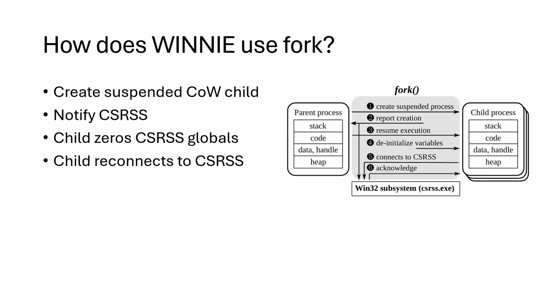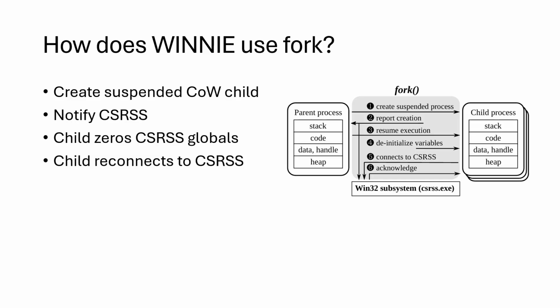So it'll first create the new process with those flags that I talked about, the NtCreateUserProcess, and it'll create a suspended child. So the child is not actually running, but it has a copy of the parent's address space. Next, the parent calls the CSRSS and tells them about the new process. So it's alerting that here's my child process.